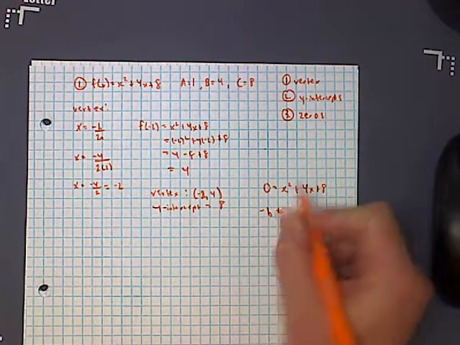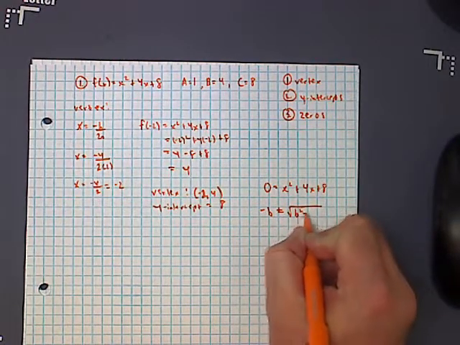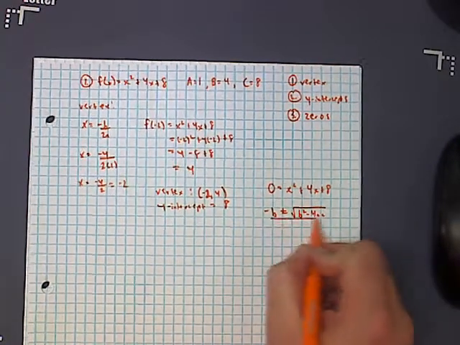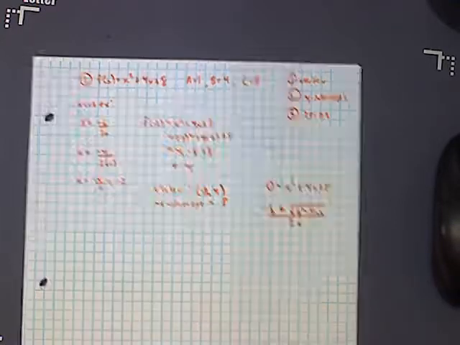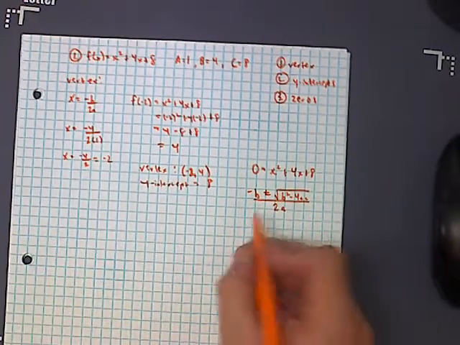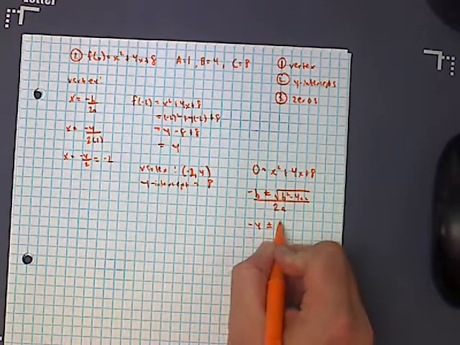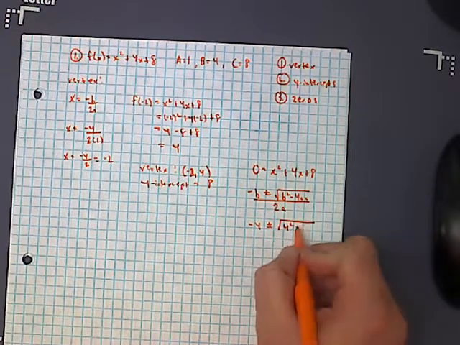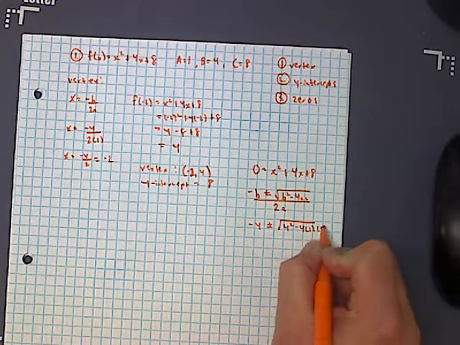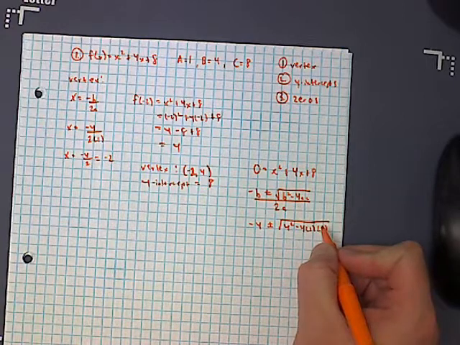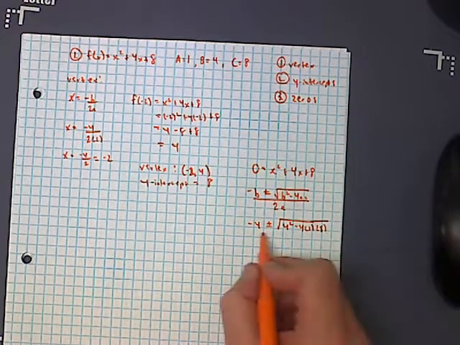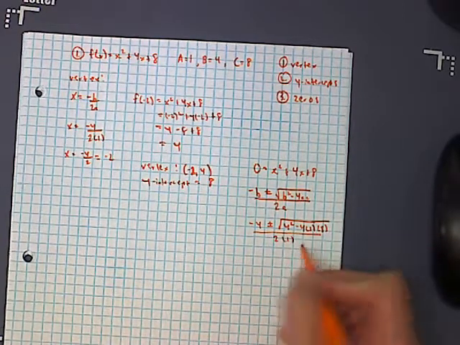Negative b plus or minus the square root of b squared minus 4ac, all over 2a. Opposite of b, that's going to be negative 4 plus or minus the square root of 4 squared minus 4 times 1 times 8, all over 2 times 1.